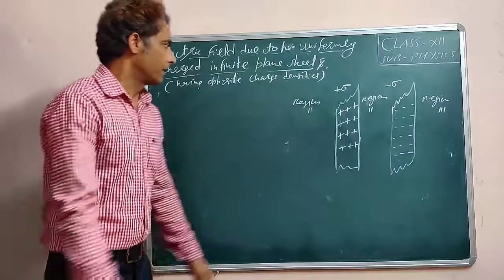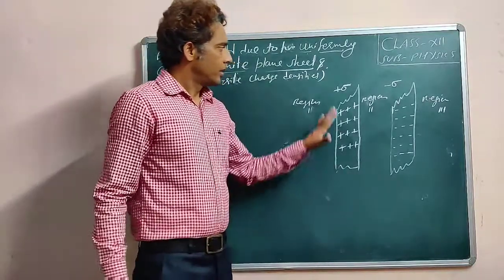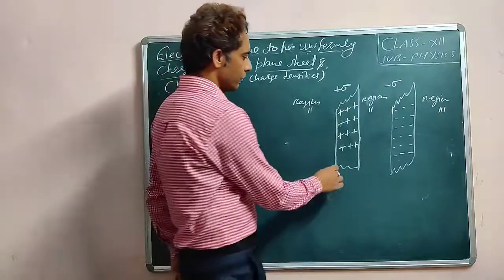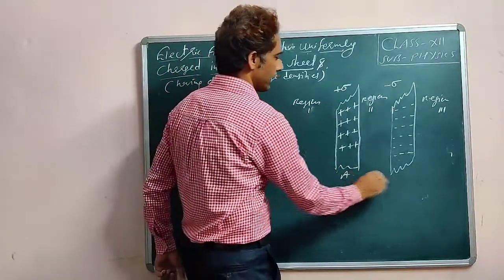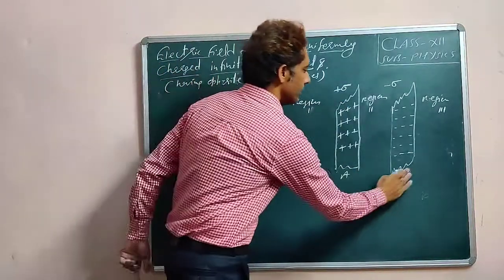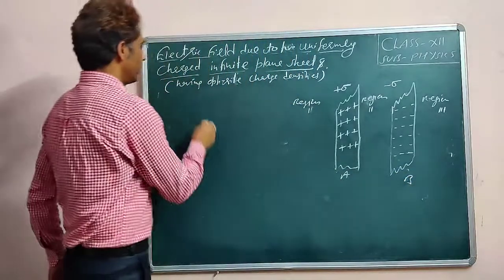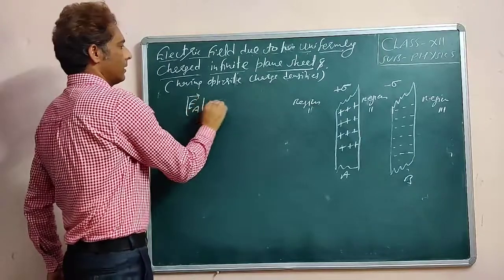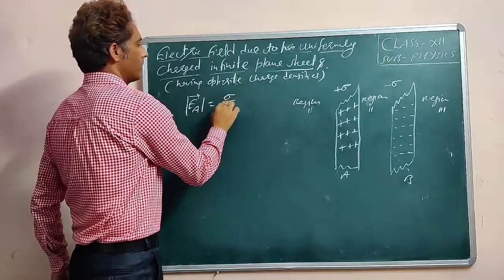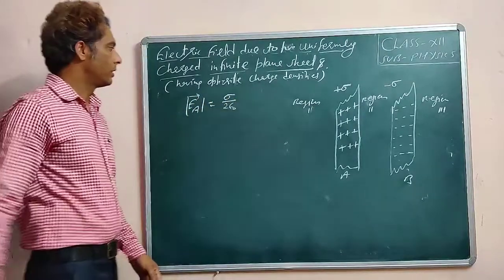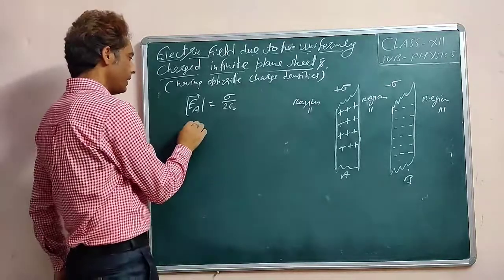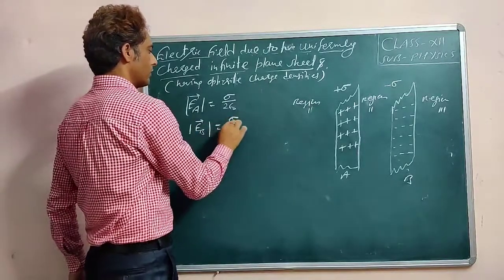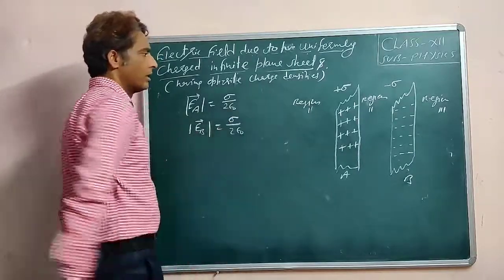Now the magnitude of electric field intensity due to this sheet, call it A, and this one B. The magnitude of electric field due to sheet A will be sigma over 2 epsilon naught, and due to sheet B it is also sigma by 2 epsilon naught.